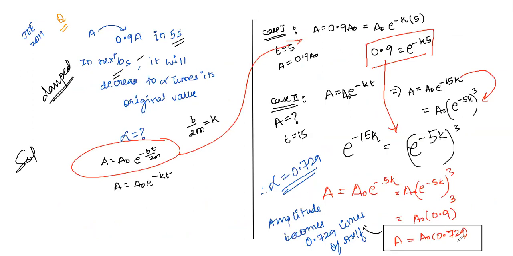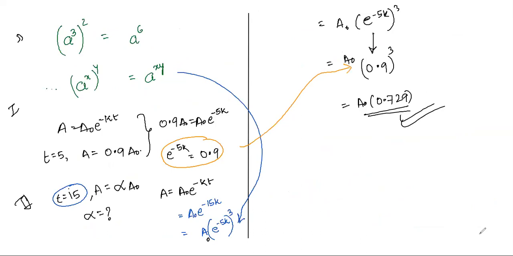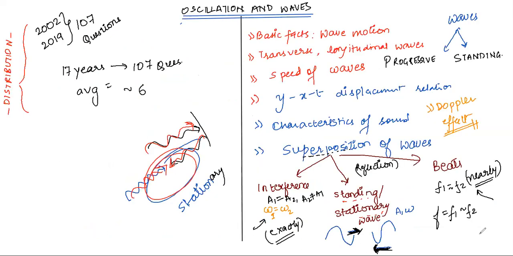We also saw the answer to this question, simple and tricky at the same time. Then we saw the introduction to the chapter oscillations and waves, how this chapter is distributed, and some key concepts that will be a part of the explanation, right? So from here, let's continue in the evening session, right?